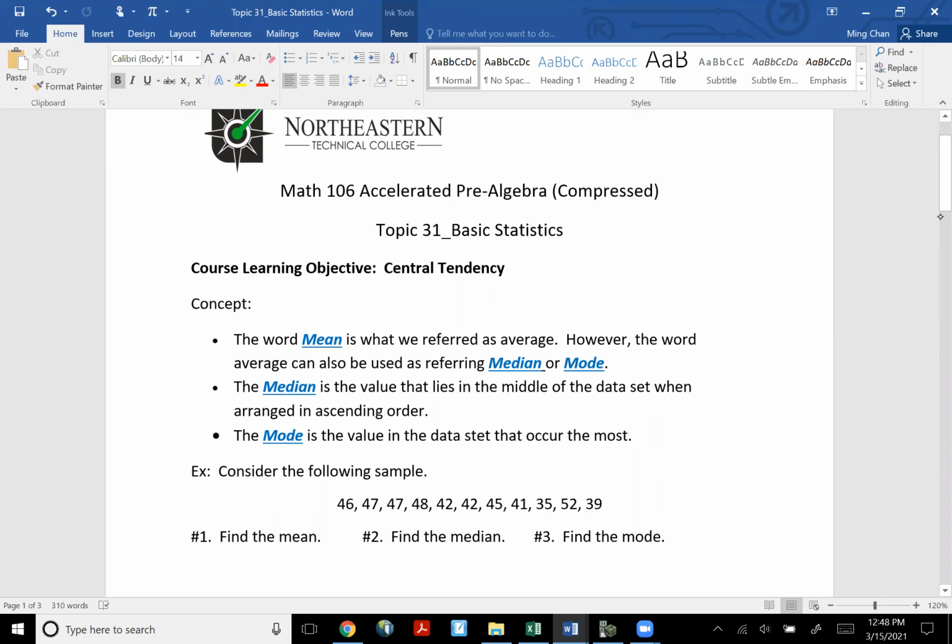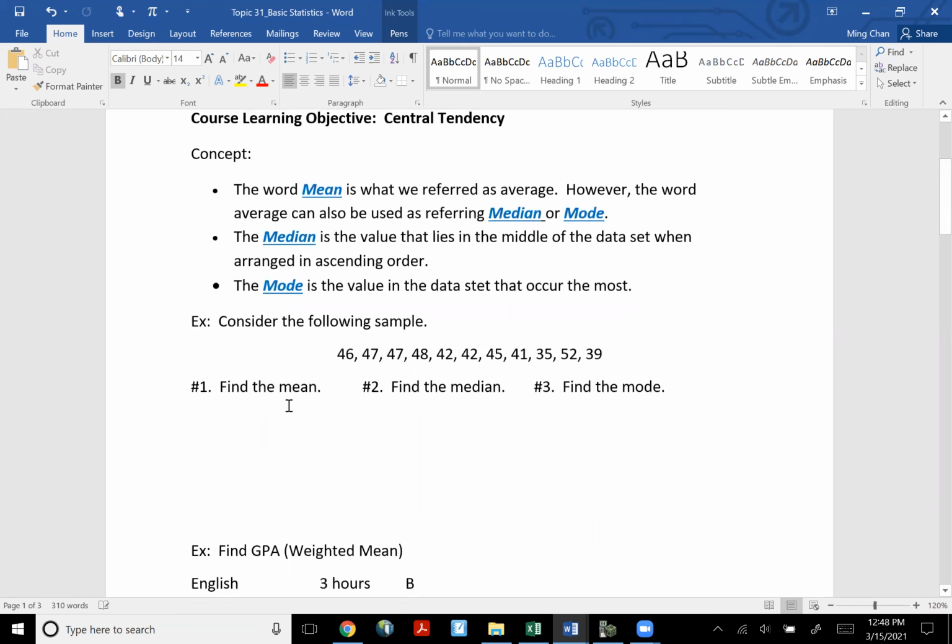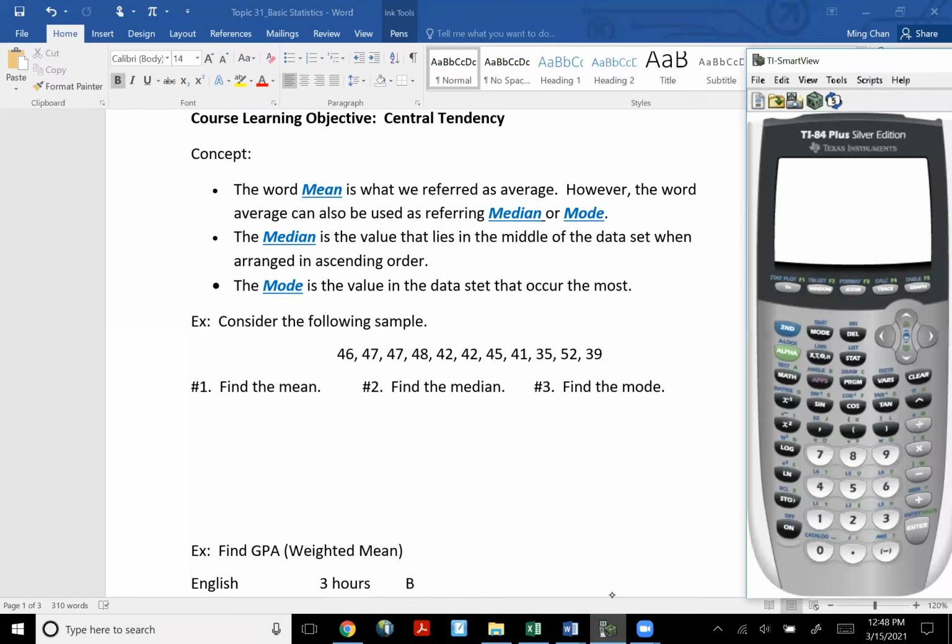So let's use our calculator to do this, especially finding the mean. To find the mean, we simply add them all up and divide by how many we added. 1, 2, 3, 4, 5, 6, 7, 8, 9, 10, 11. Eleven numbers.